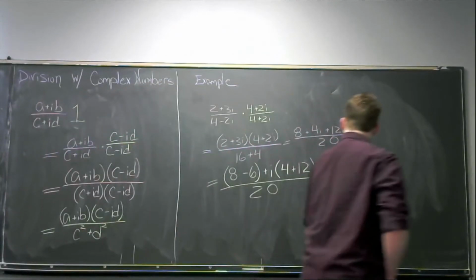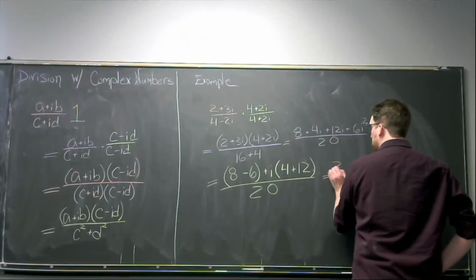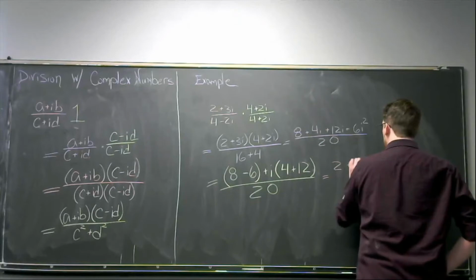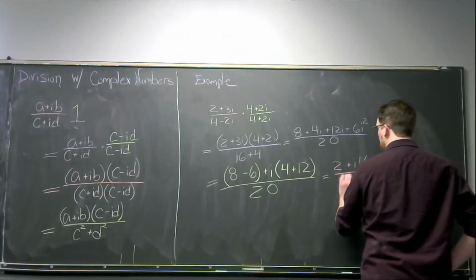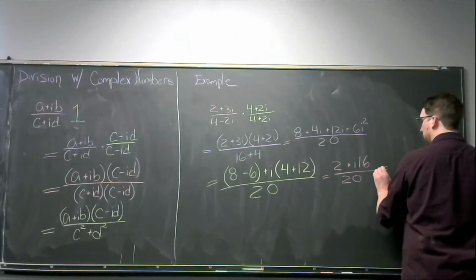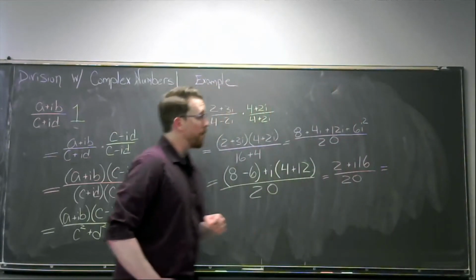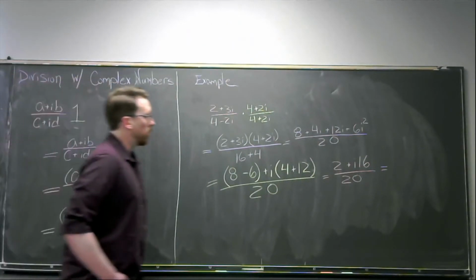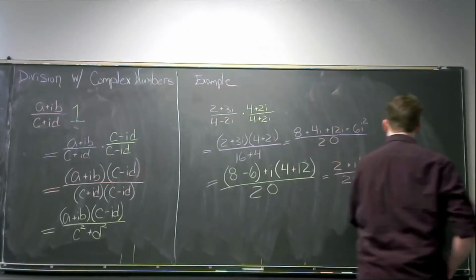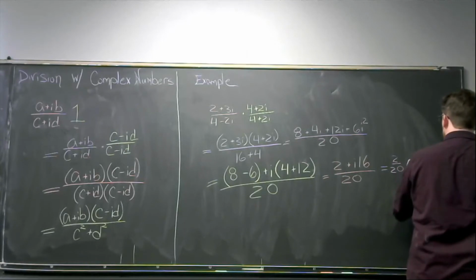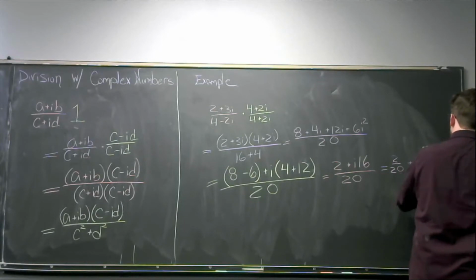This is going to come out to be 2 plus i times 16 over 20, which we can reduce even further. Can break this up into two different fractions: 2 over 20 plus i times 16 over 20.